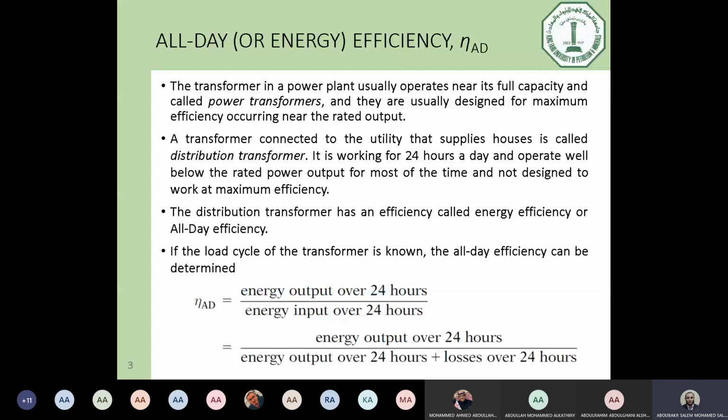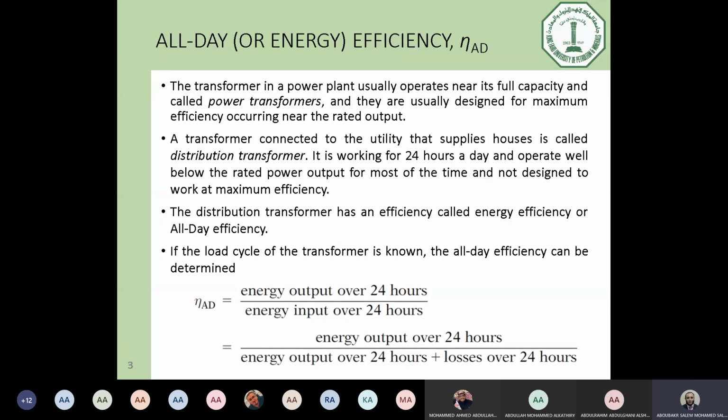So the transformer of the power stations is mainly called power transformer. However, the definition of power transformer in general means transformers that can transmit power, whatever the place of this transformer. For the distribution transformer, according to its place at distribution, it has a different design.